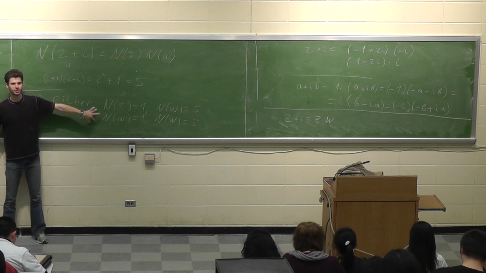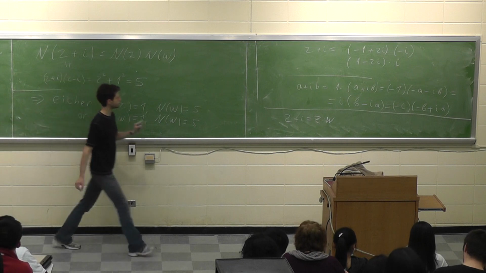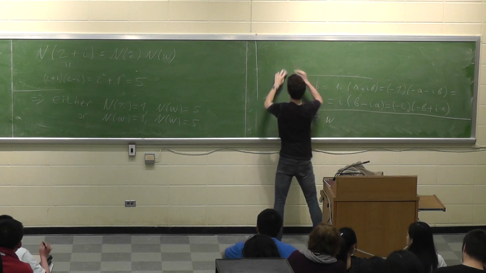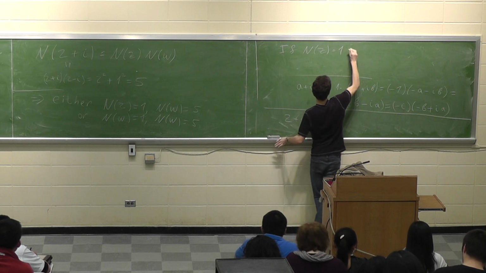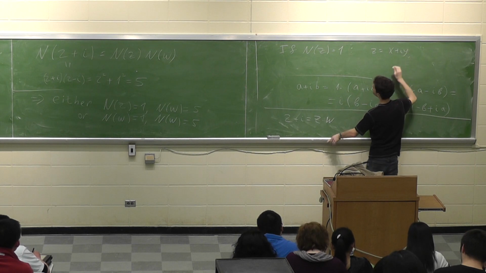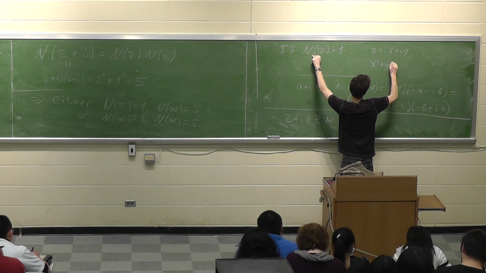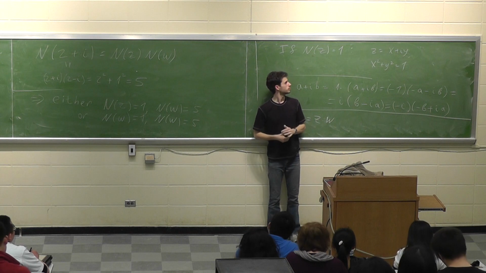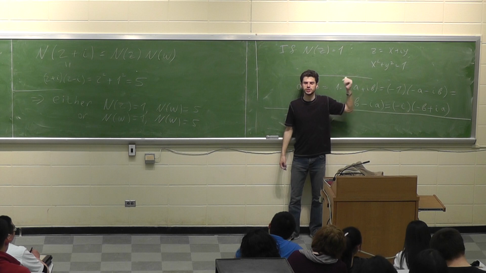So let's try to see what we can say about z. If norm of z is equal to 1, what does it mean? Well, let me take z, which is x plus iy. Norm of z means x squared plus y squared is equal to 1. But x and y are integers, so there aren't that many possibilities.